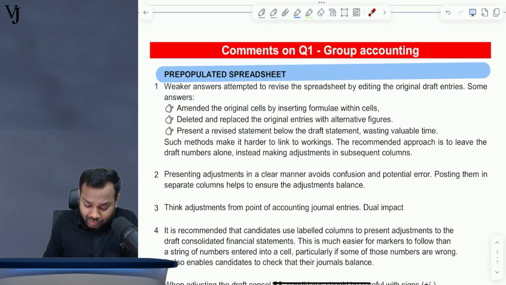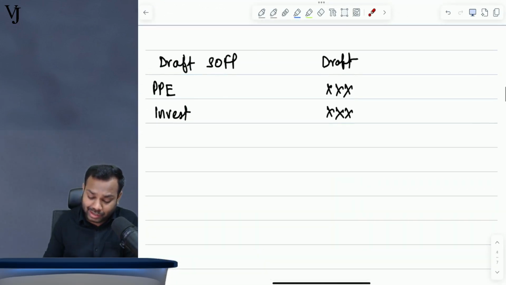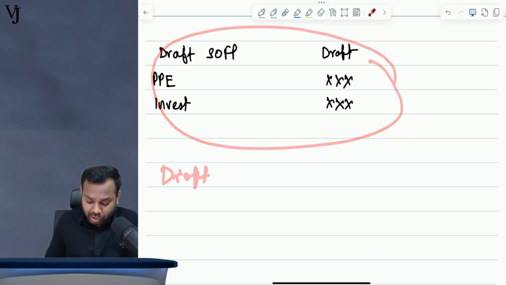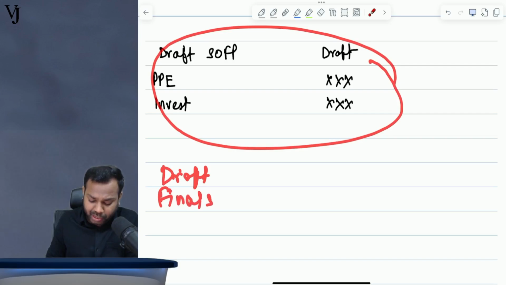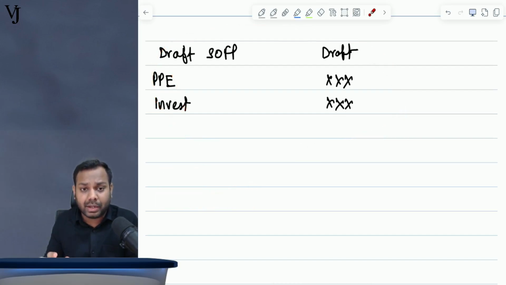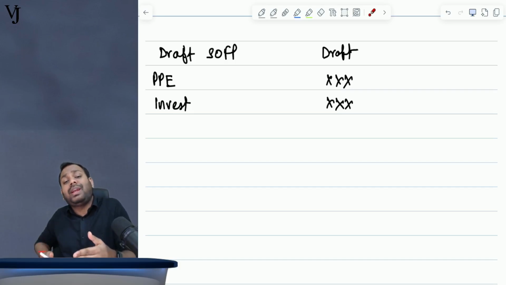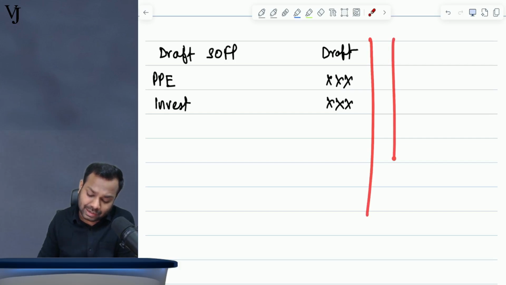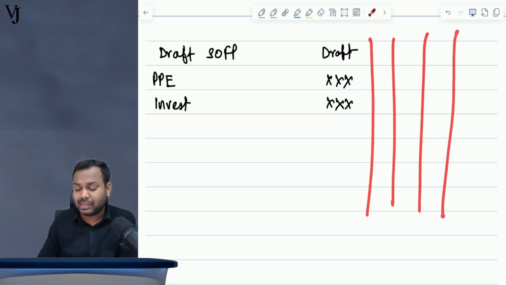They present a revised statement below the draft statement: they keep the draft as it is, but below it they draw a final SOFP and again write PPE, investments and so on. Guys, not required. Don't redraft it. Just beside that, insert columns.